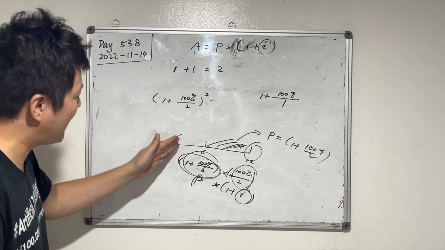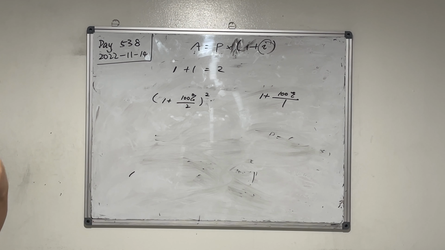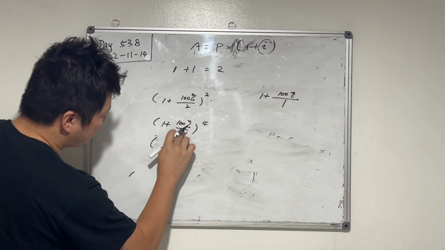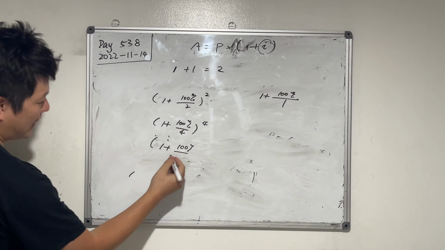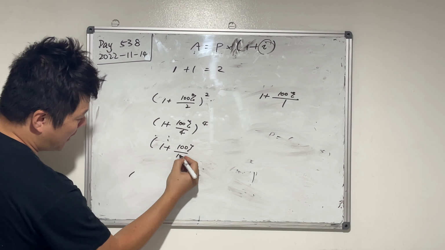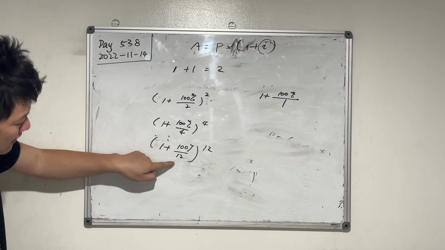Okay, how about if I keep splitting? If I calculate the interest every season, every 4 seasons, this is divided by 4. And for every month, it is divided by 12. Do you notice the pattern?